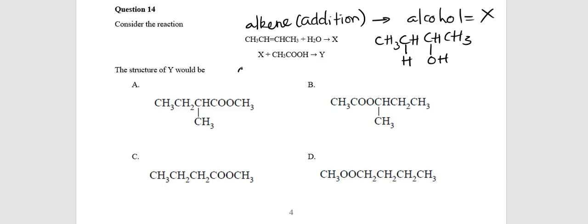So X, being an alcohol, is going to react with that. Now you need to also recognize that that is a carboxylic acid. And that's not how you spell carboxylic acid. It is an acid. I'm just going to write acid. And the product between an alcohol and a carboxylic acid is an ester. Alright, so I need to write an ester from this and that.